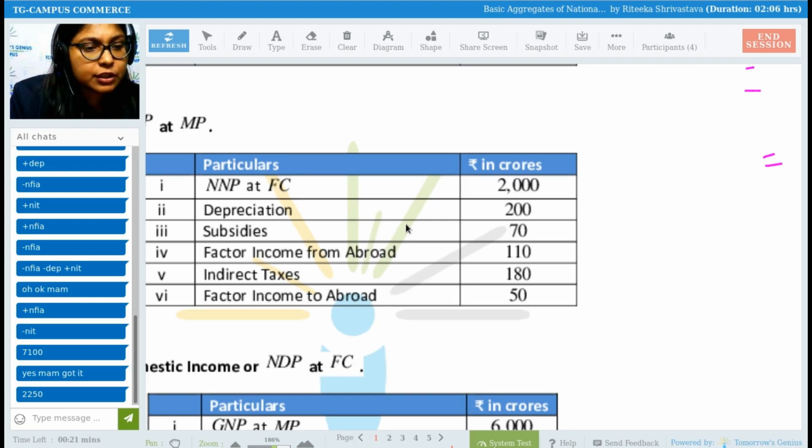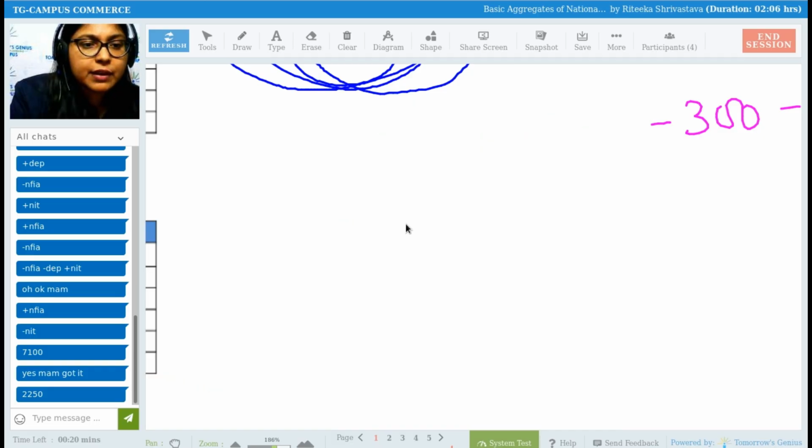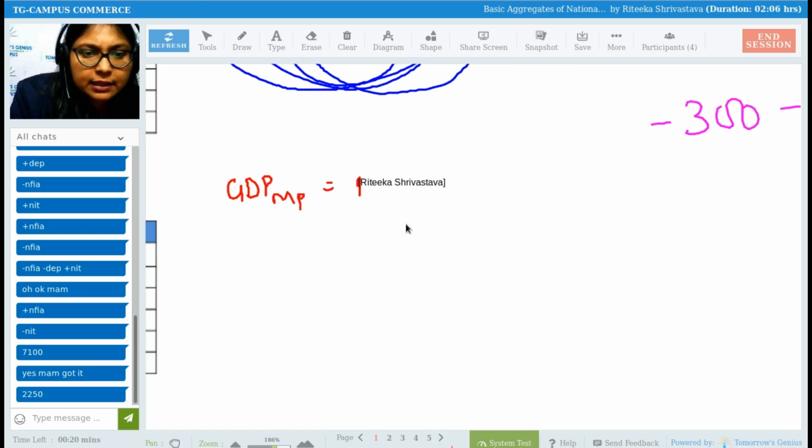The aggregate which we have to find out is GDP at MP, and the aggregate which is given to us is NNP at FC. Now from net to gross, what do we do?